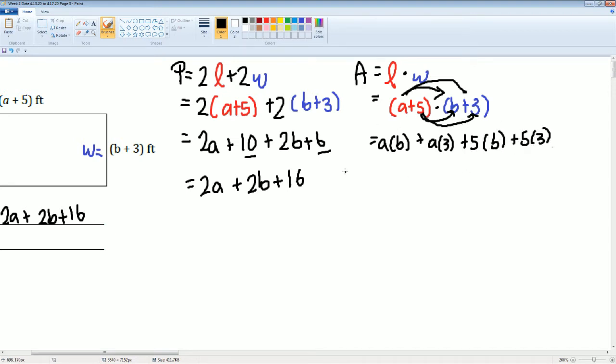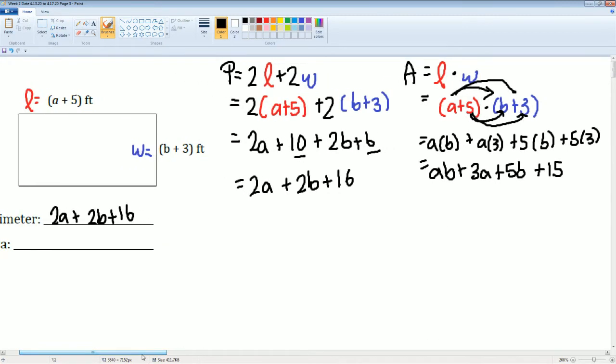A times b is just ab. A times 3 is 3a. 5 times b is 5b. 5 times 3 is 15. There's nothing that we can combine here, so the area is ab plus 3a plus 5b plus 15.